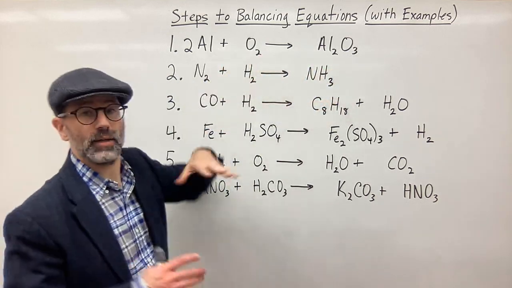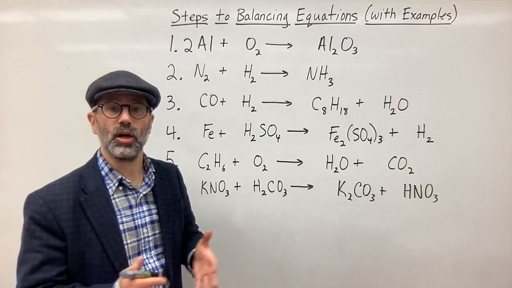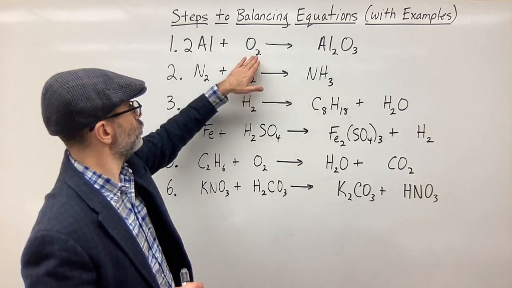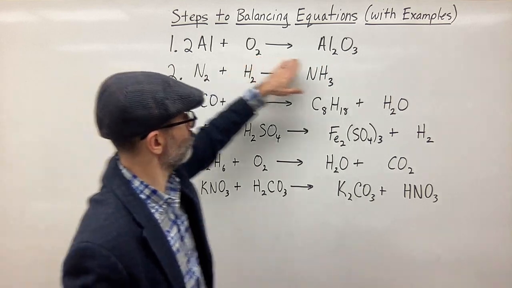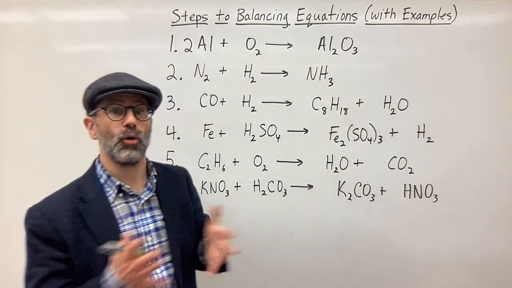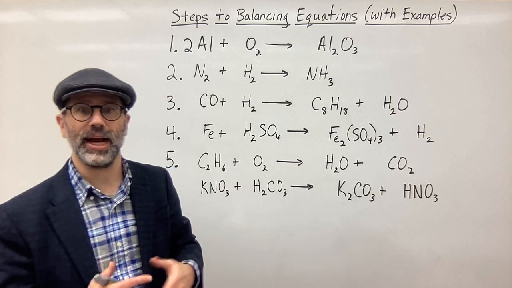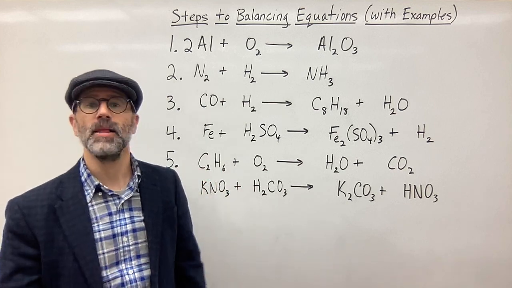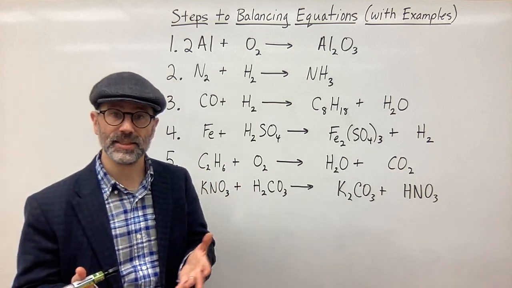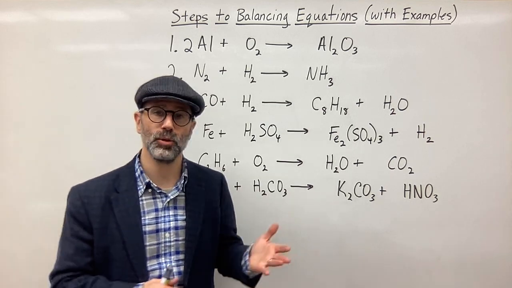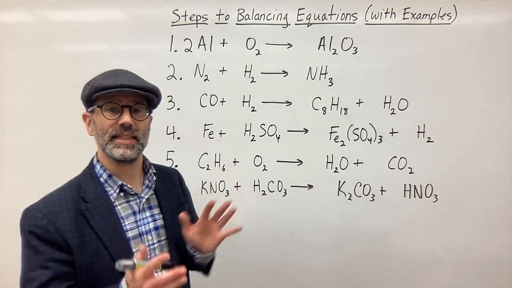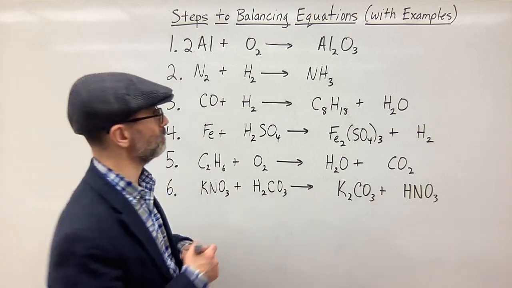What's the smallest number that these subscripts, 2 and 3, are both factors of? That would be the number 6, right? So 2 is divisible into 6, 3 is divisible into 6. So I need 6 oxygens for both sides.